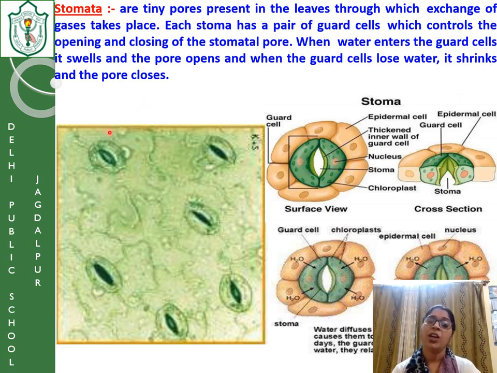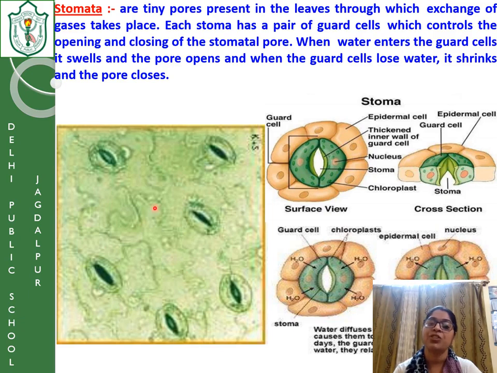Now, on the screen, you have many diagrams in front of you. The first diagram, this is what I am talking about. When you make a cross section of the leaf, you take out the peel of the epidermis of the leaf and spread it on the slide with the help of a stain, and put it under the microscope.